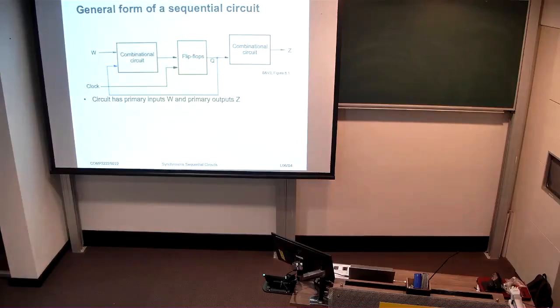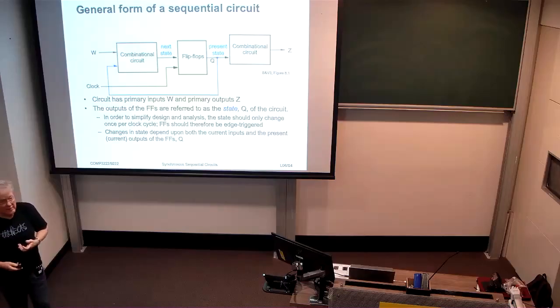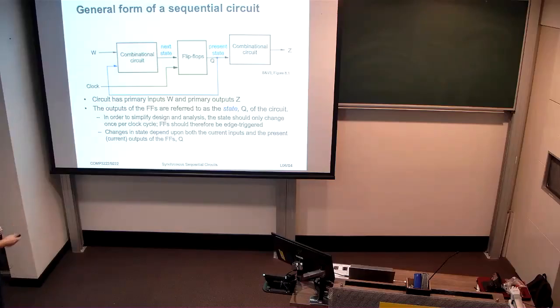Okay, this is a really nice general model of a sequential circuit. You can think of it as comprising some combinational circuit that takes the inputs as well as the present state of the circuit, which is given by the state of the flip-flops, to produce the next state that the flip-flops should have, and some combinational circuit that depends upon the present state, which produces the outputs.